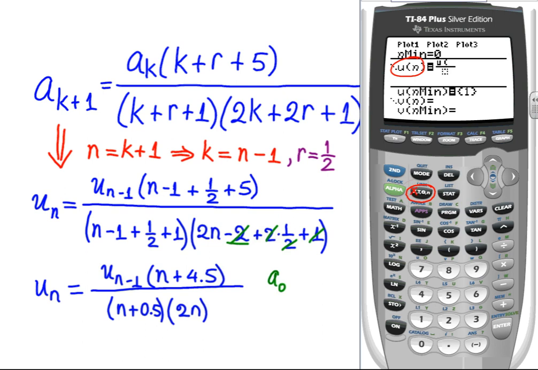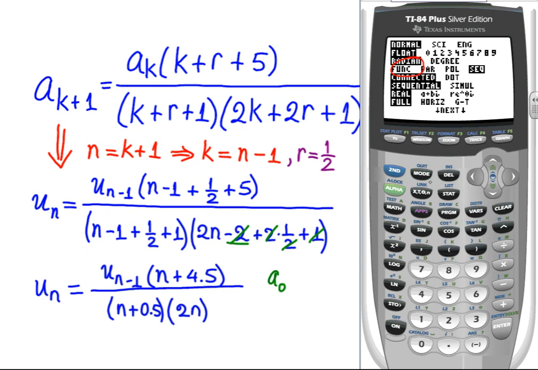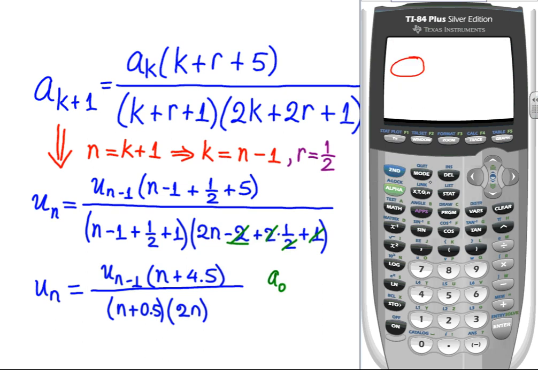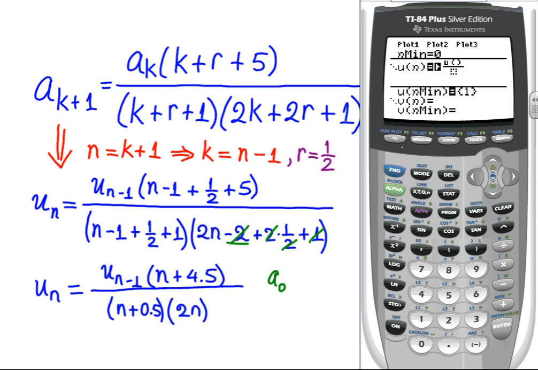We have the x, t, theta, and n, corresponding to function, parametric, polar, and sequence. Get back to y equal to. So u of n minus 1. So hit n minus 1.